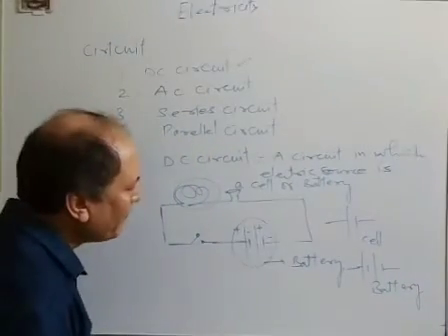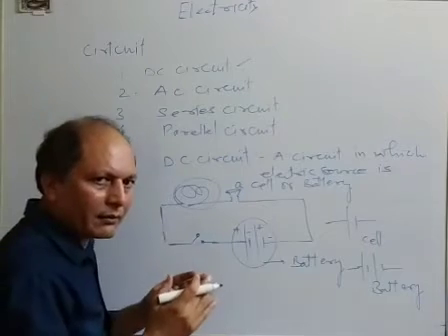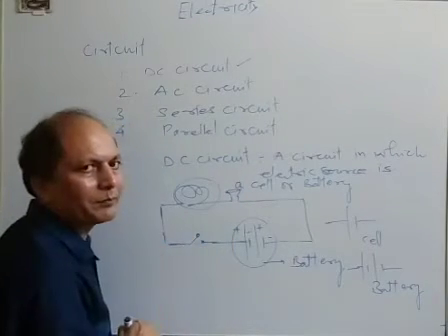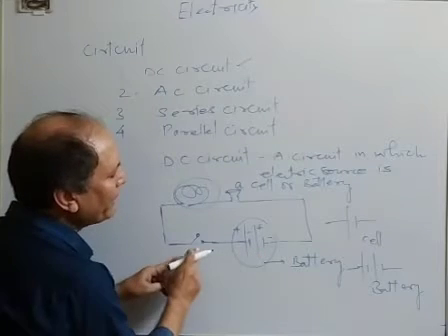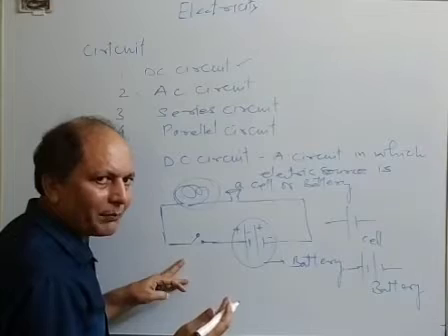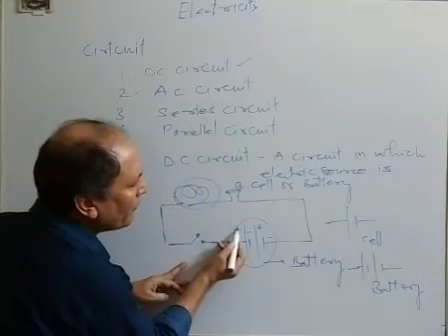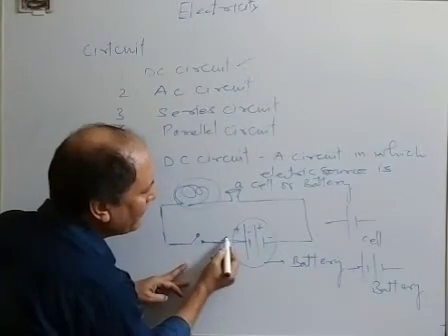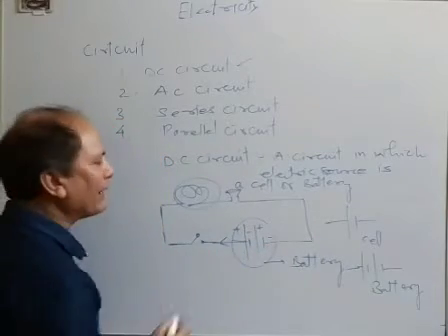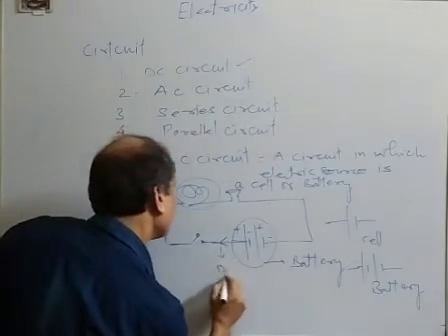In a battery, current enters into the circuit always from the positive terminal. Suppose if you make the switch on, electricity supply will take place into the circuit from the positive terminal, means from this side, not from this side. It starts from this side, the direction of electricity.